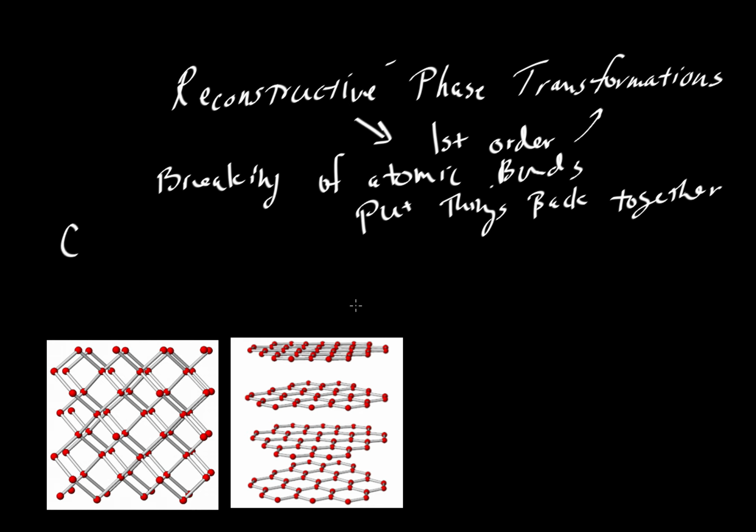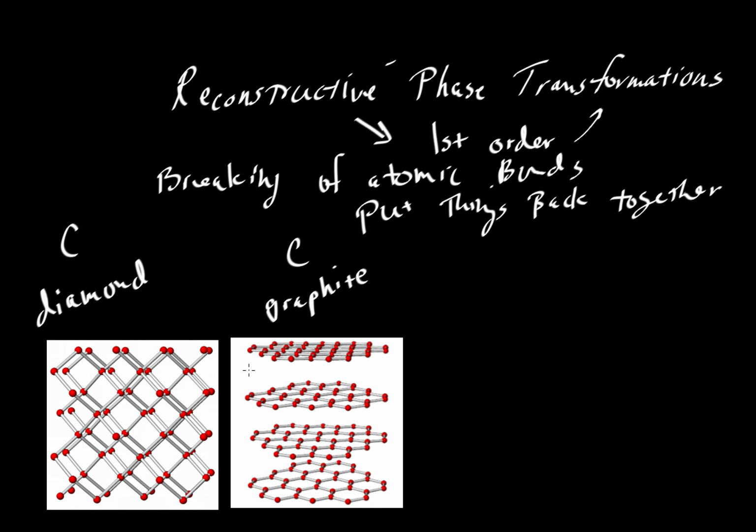These are diagrams from the online textbook of mineralogy by Dexter Perkins. In this case, on the left, we show carbon in the form of diamond. And on the right, we also have the very same element carbon, but here Mr. Perkins is showing it in the form of graphite.